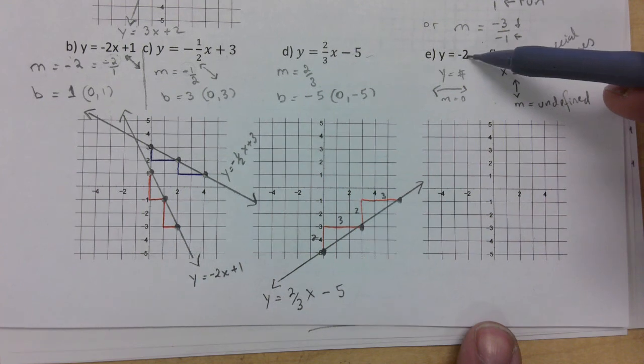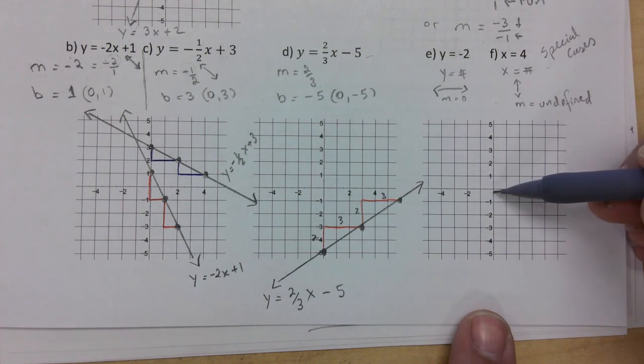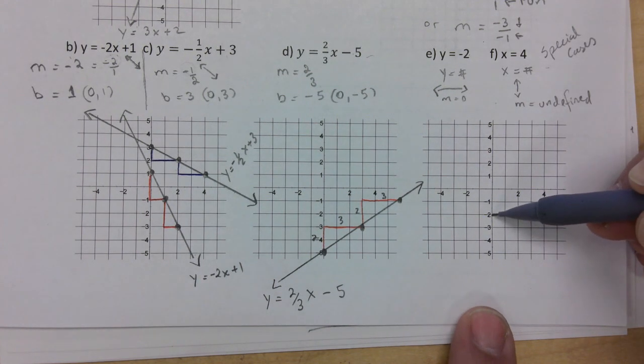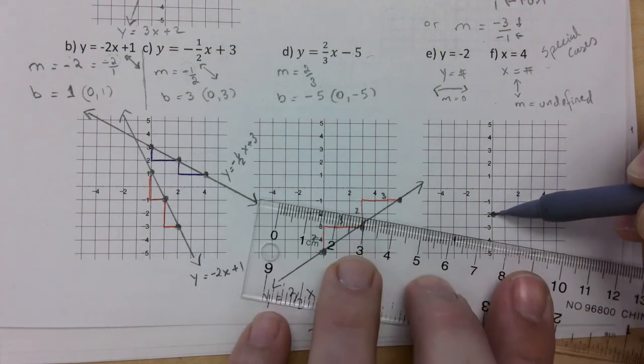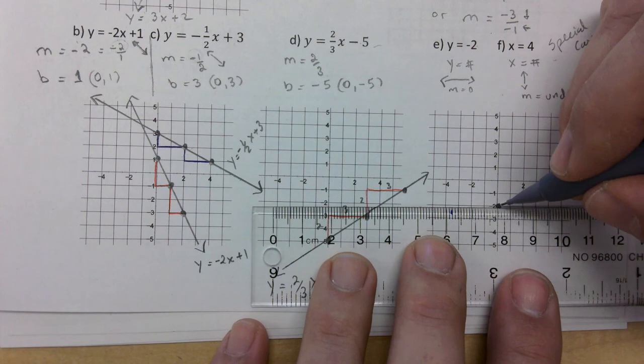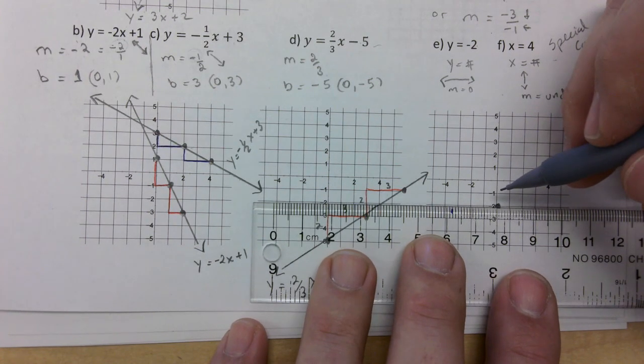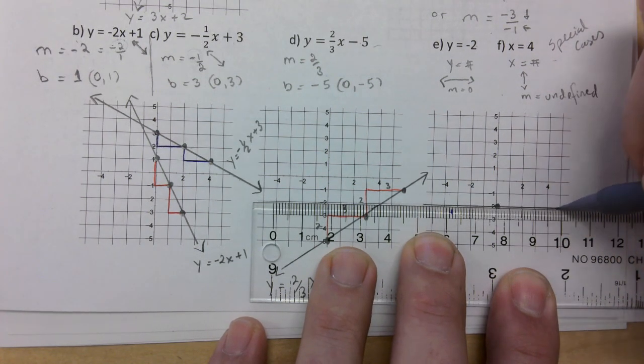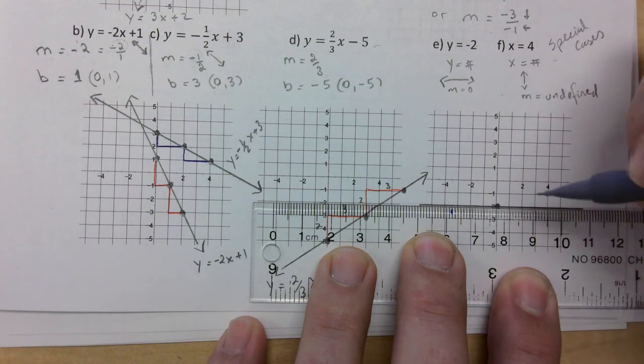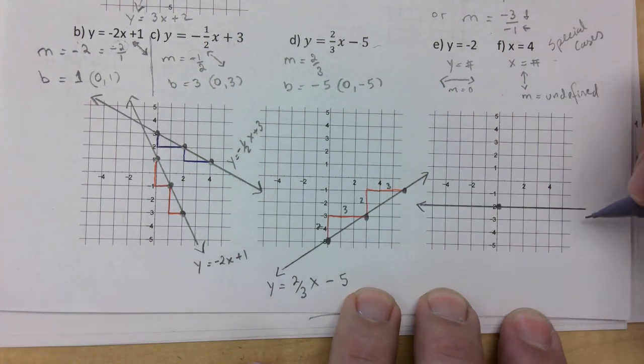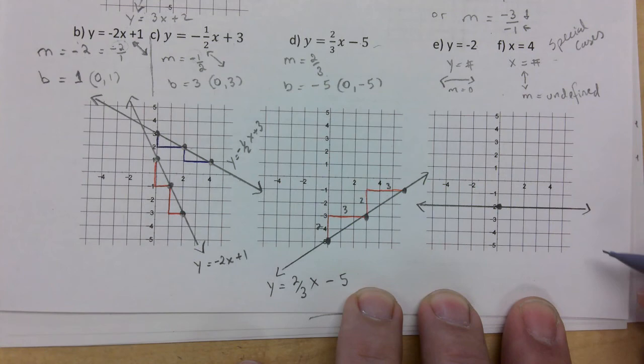Y is always equal to -2. So you go to -2, this is y is equal to -2, and then you just graph a horizontal line that goes through that point. Because now you're saying y is always equal to -2. Arrowheads, notice how I'm doing that?